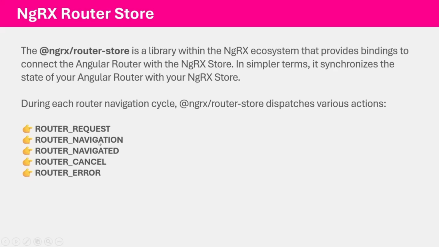So when that event is emitted, it dispatches this router navigation action. And in the same way, when the navigated event is emitted by the router, it dispatches this router navigated action. When the routing is cancelled, it dispatches router cancel action. And when there is some error while navigating from one route to another route, it dispatches this router error action.